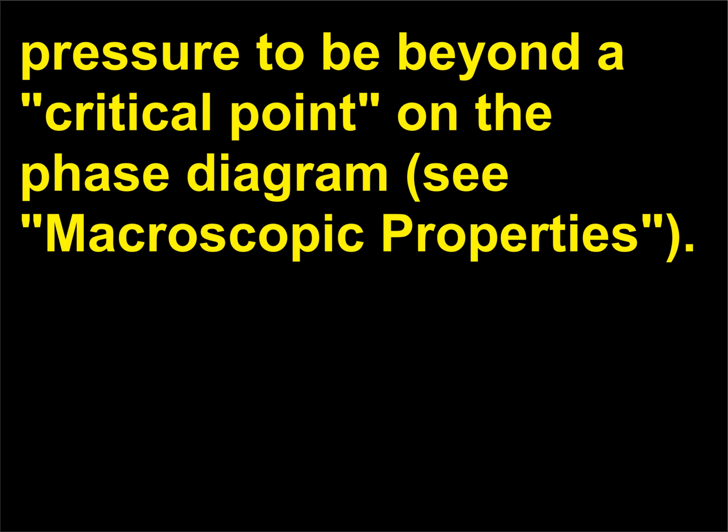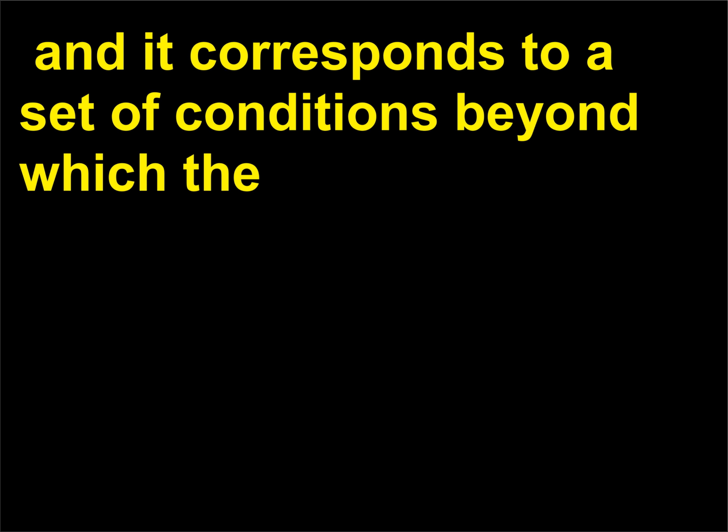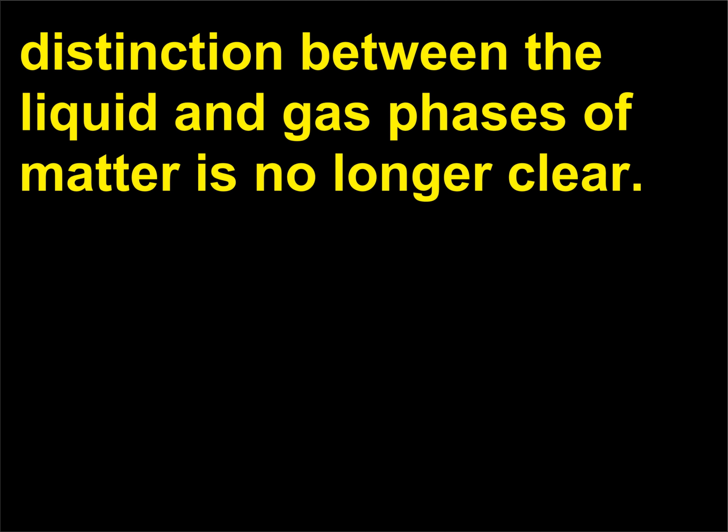See macroscopic properties. This critical value of temperature and pressure will be different for each substance, and it corresponds to a set of conditions beyond which the distinction between the liquid and gas phases of matter is no longer clear.